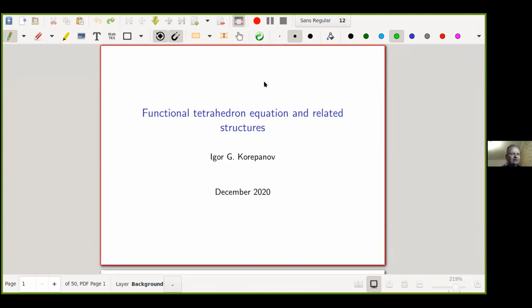Hello, everybody, and I am very glad to have this opportunity to do this talk here. My talk is about the functional tetrahedron equation. It is mostly educational. It is not about any newest achievements, but rather about some oldest work, oldest discoveries.